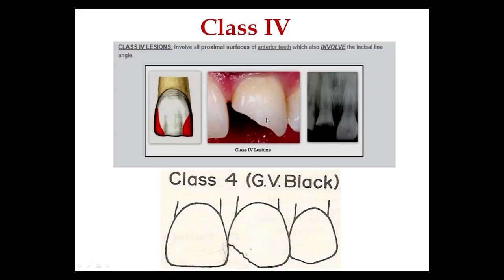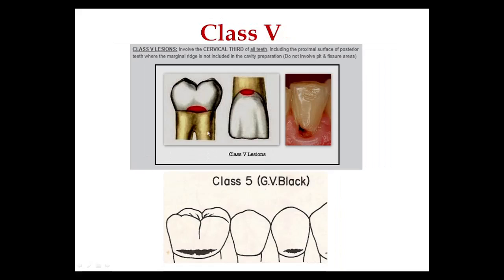Class number 4 involves all proximal surfaces of anterior teeth, which also involve the incisal angle. All surfaces including the angle, class number 4, of anterior teeth.